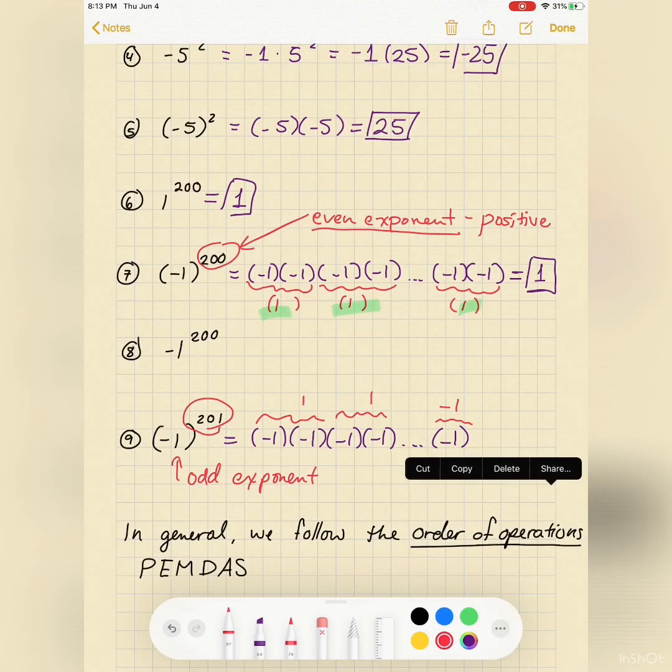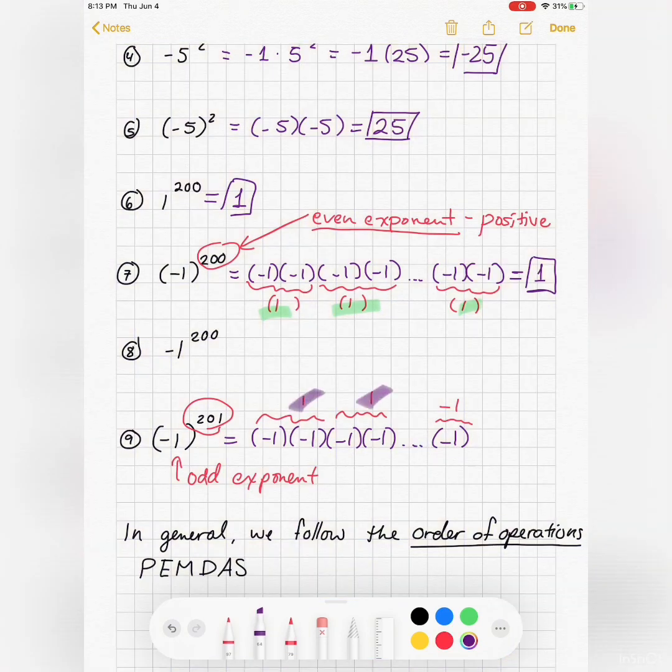So ultimately, I'm multiplying -1 times +1. So the result of this one is actually going to be -1. When I have an odd exponent on a negative, that result is going to be negative because I have that extra single factor of negative in there.